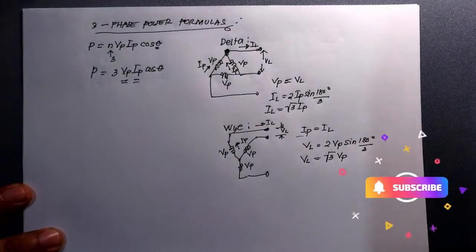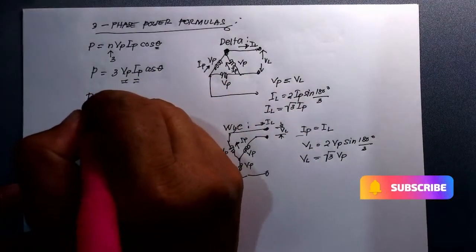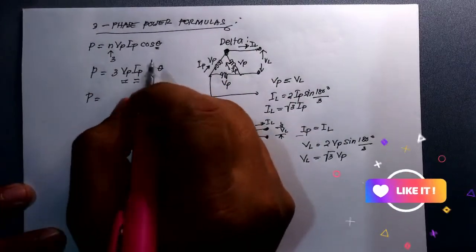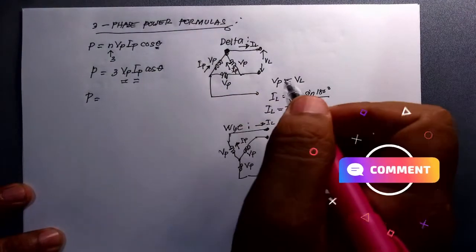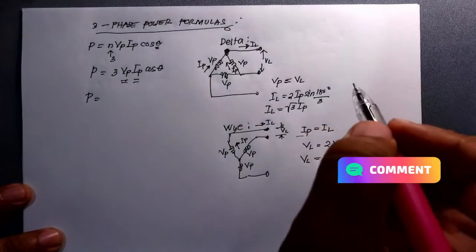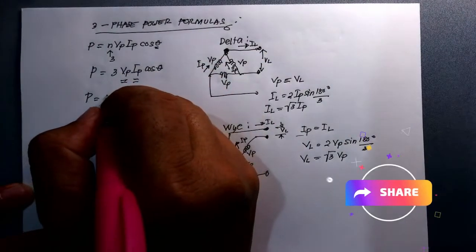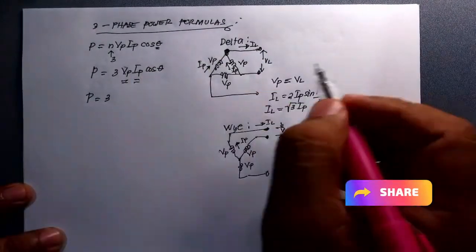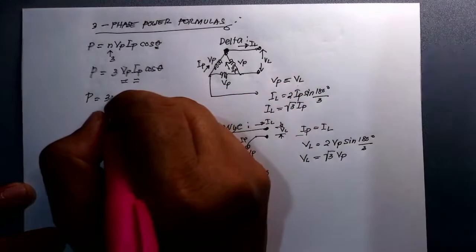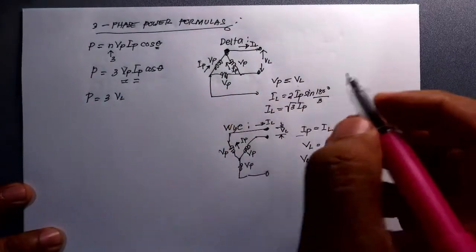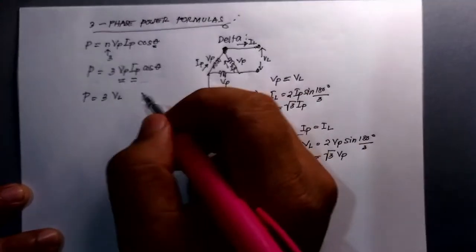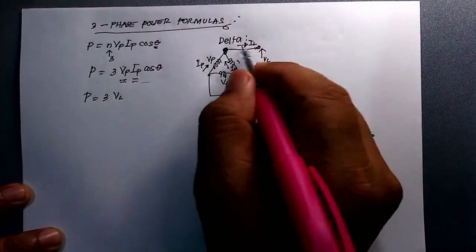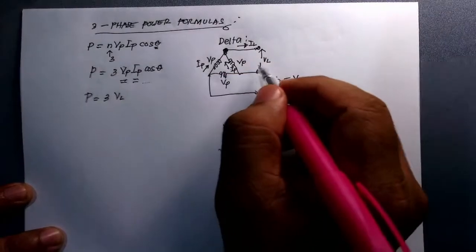Now, if you're going to get the value of your power in terms of your line voltage and line current, let us first consider a delta connected circuit.